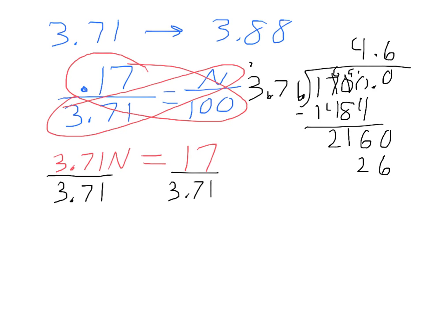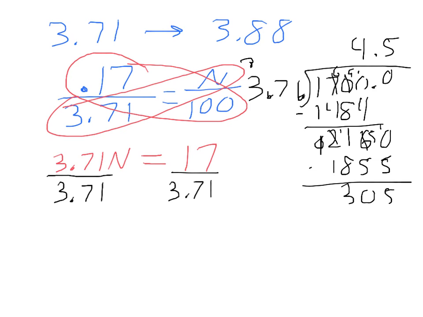That's too much. So I guess it's going to be 5. That's 5, that's 35, 15, that's 18. Okay, we can borrow here and we get 5, 0, 305. Add a 0, bring it down.